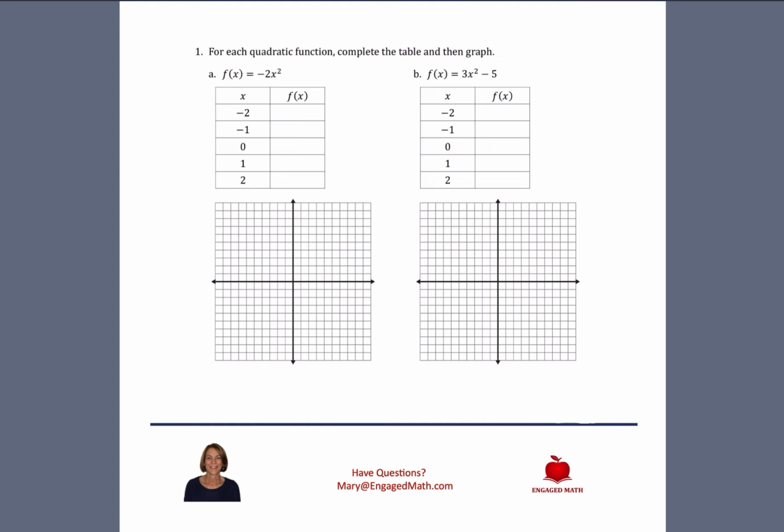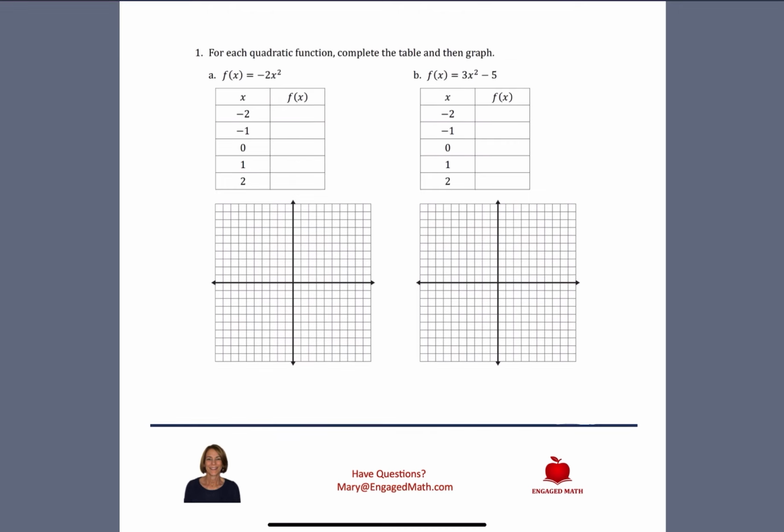So what we're going to do is take the values that have been recommended to us for x and put them in for x to find out what f of x is equal to. Keep in mind that f of x is the same as y. For this first one, we're going to say -2, and then instead of putting x, I'm going to put a -2 and square it.